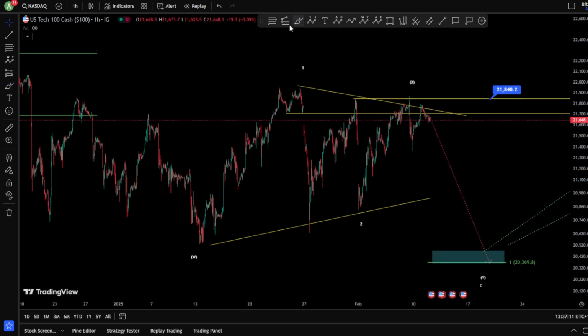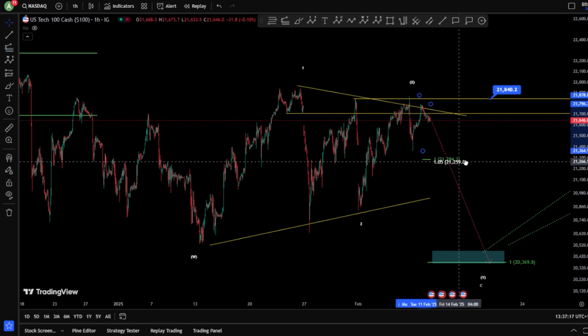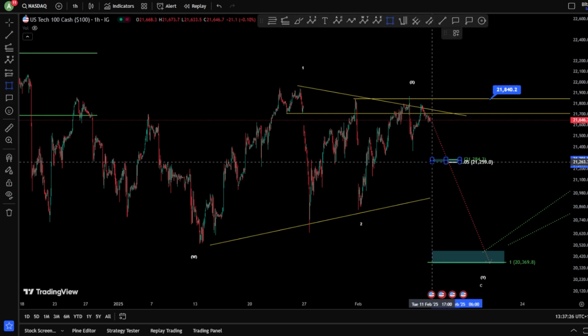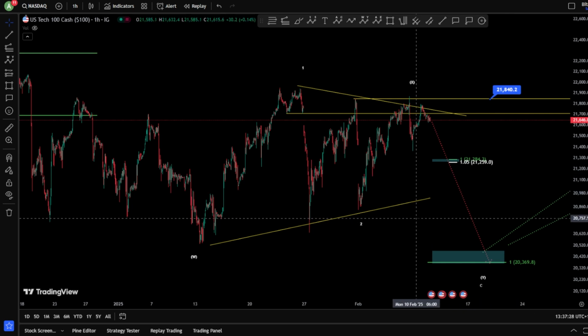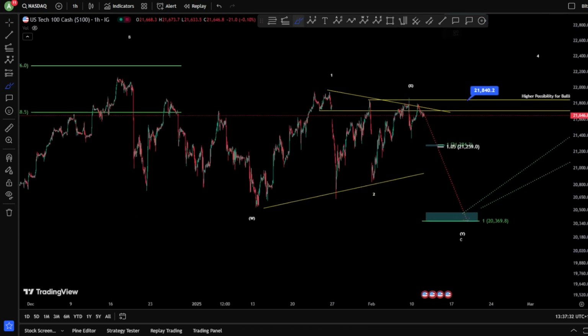So these are the possibilities, guys. Let's take some targets here. If we have some targets for the wave C, probably this is your target. This can be your blue box here for the final wave. But this can also be something deeper. It can transform to something deeper, very possible.